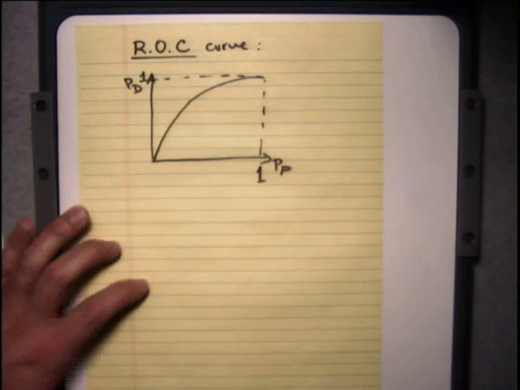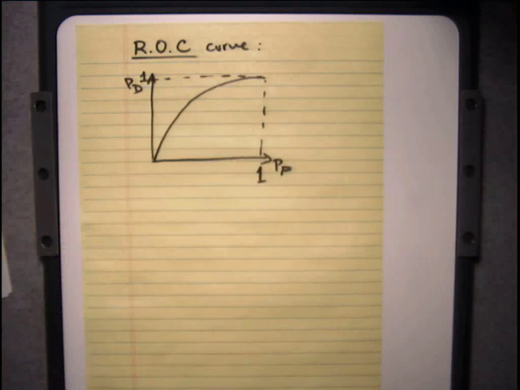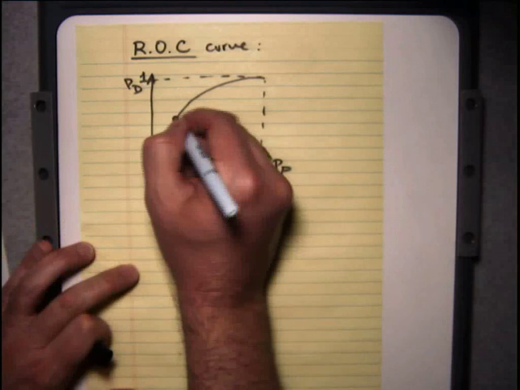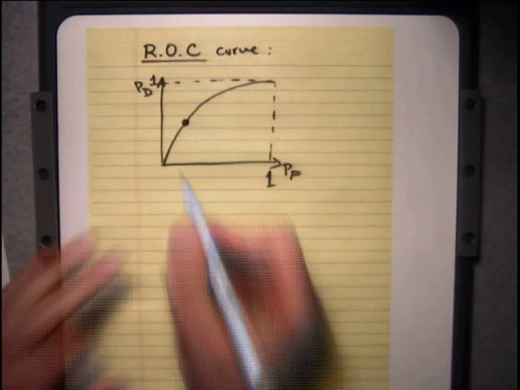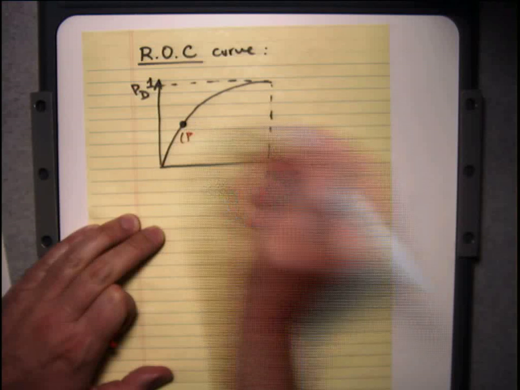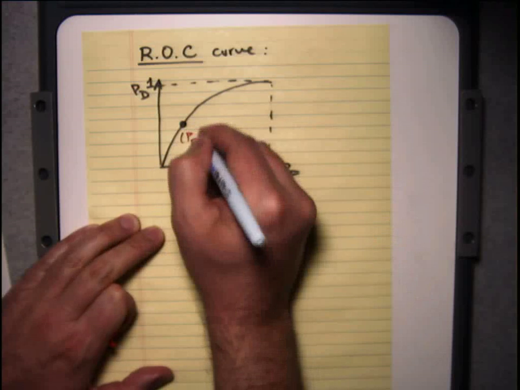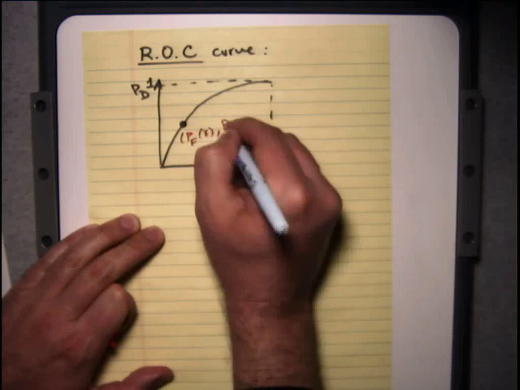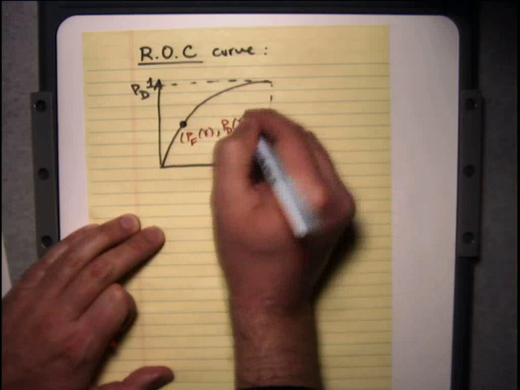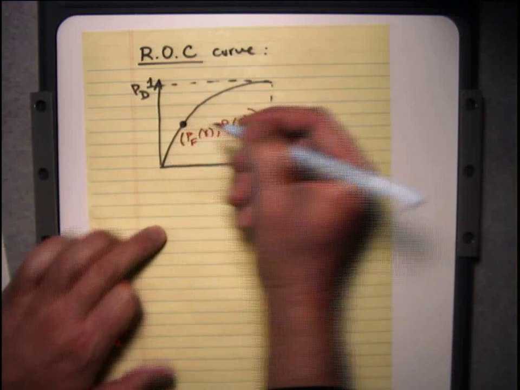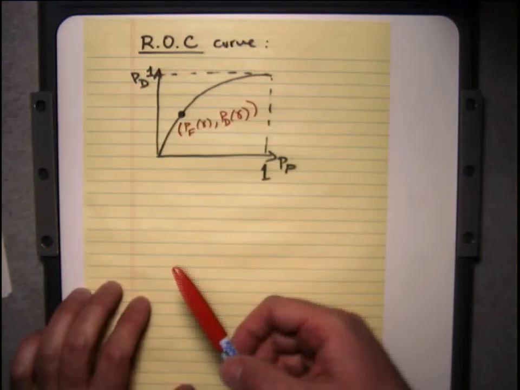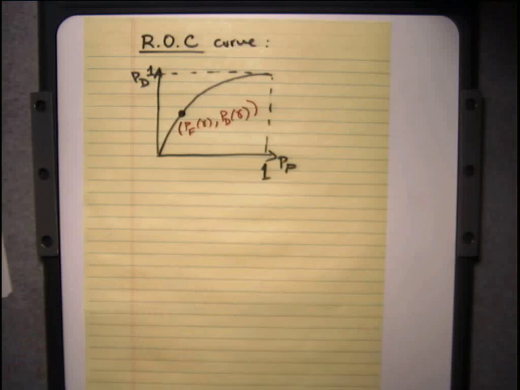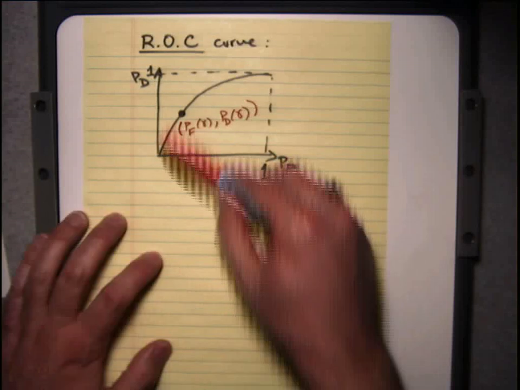This value is 1. Okay? And any point on this curve is basically a parametric equation. You have PF of gamma and PD of gamma, or gamma prime, whatever you happen to be using. And whenever you have a stronger signal or less noise, then this curve will just move up.